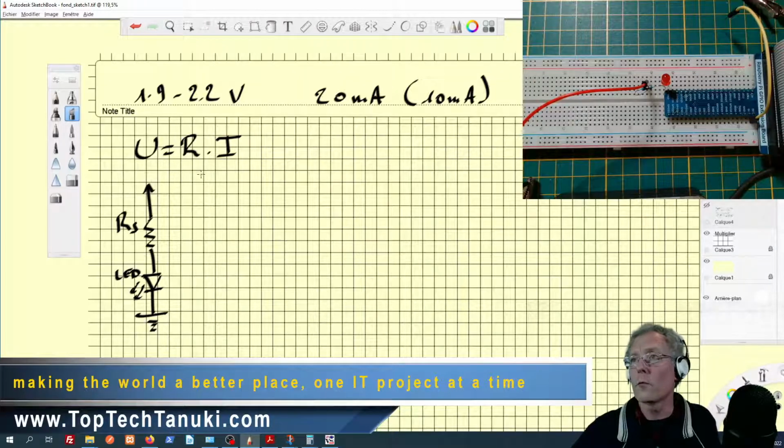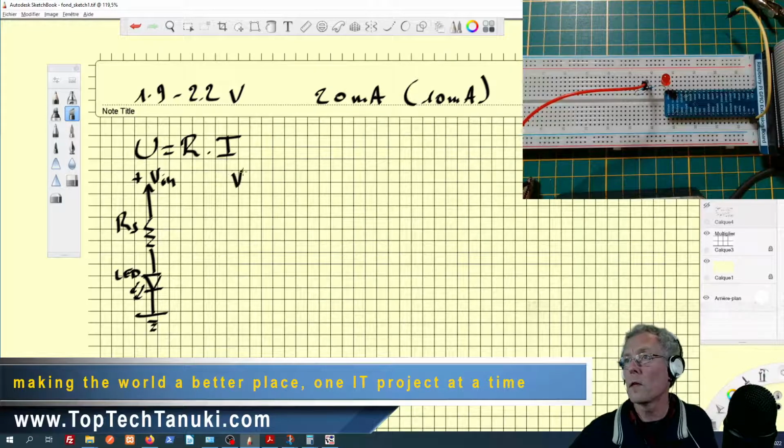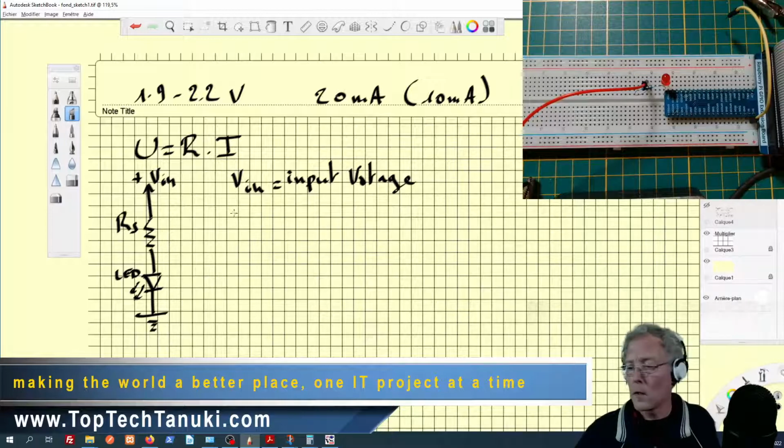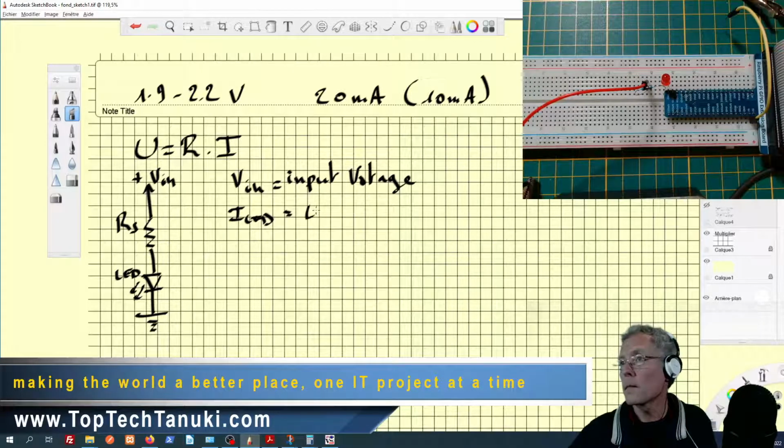So if we want to fix up the things here, we will say that V in, which is here, is the input voltage, and I LED is what is called the LED forward current.